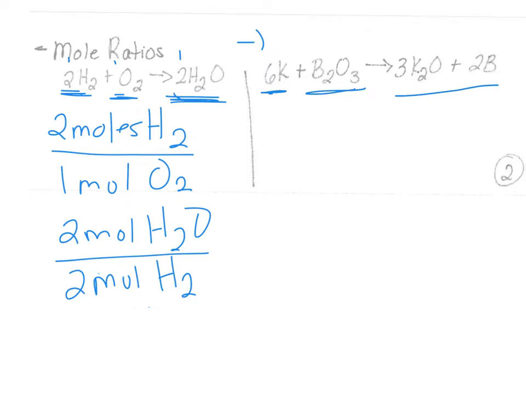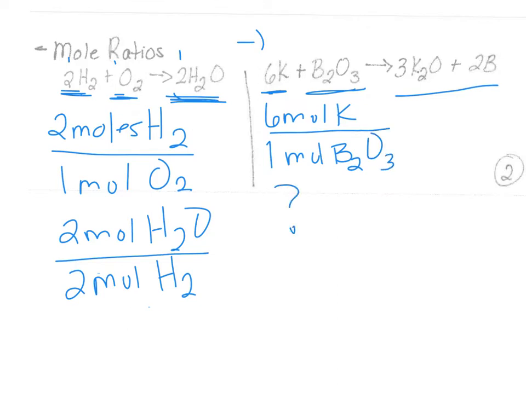Here we could say that for every 6 moles of potassium, there is 1 mole of diboron trioxide. But what if I had 4.5 moles of potassium? Then how much of that would I need?